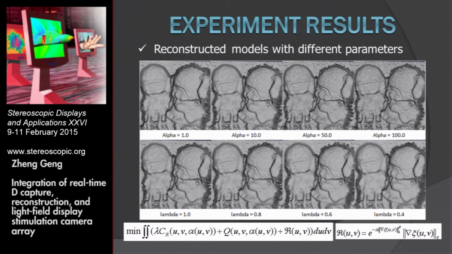The same thing happens when we decrease the lambda, which is the data item's weighting factor.